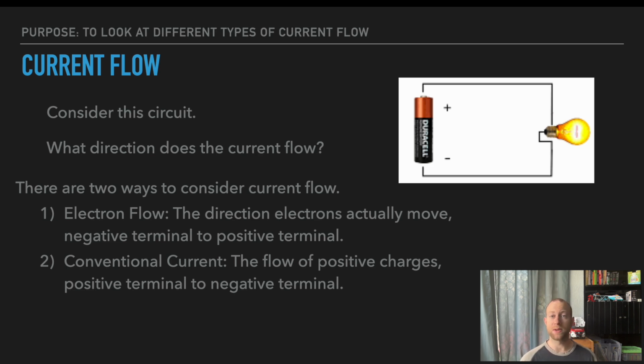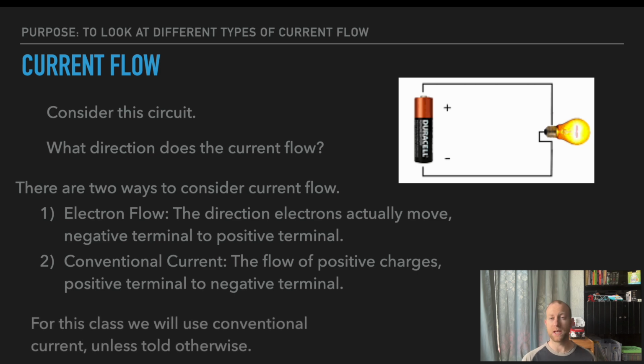Back in the day when they were considering electricity, they assumed it was the positive charges moving, before they actually figured out what was going on with the specific atoms. The math and the ideas all work with that. It's just the opposite of what's actually happening. So in Physics 11, we are only going to deal with conventional current unless you're told otherwise. Some questions might try and trick you and say, in this circuit, what direction are the electrons flowing? That's the only time that it might be something different.